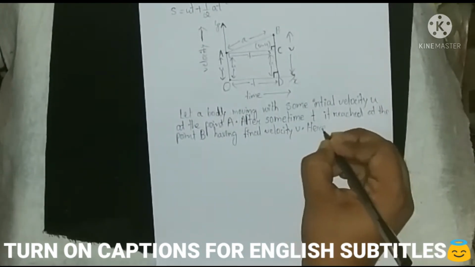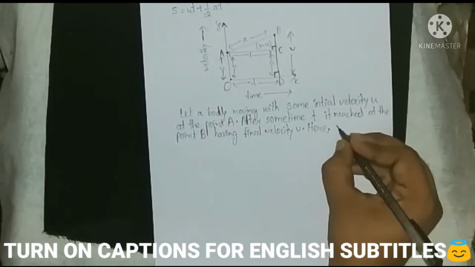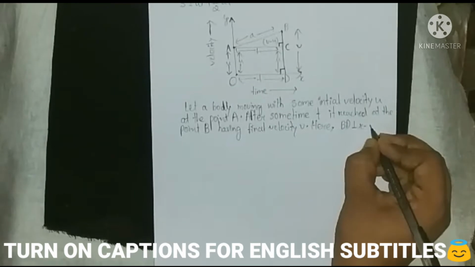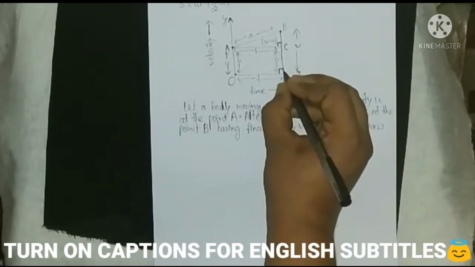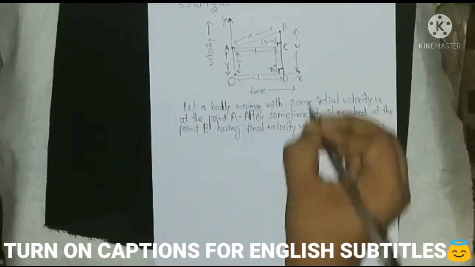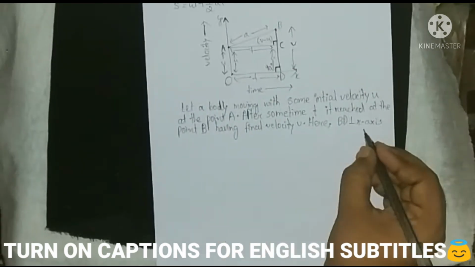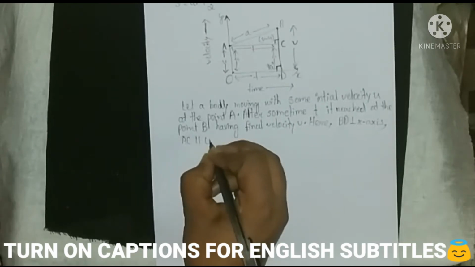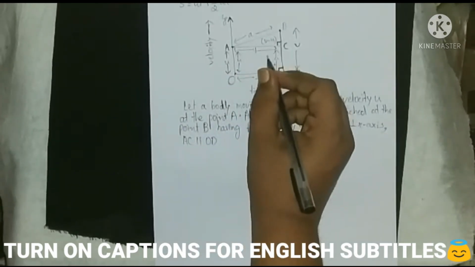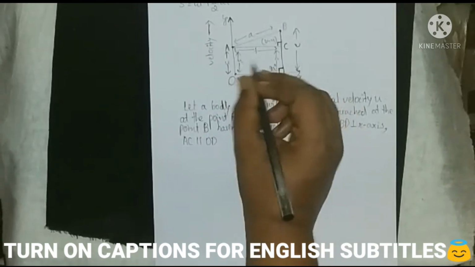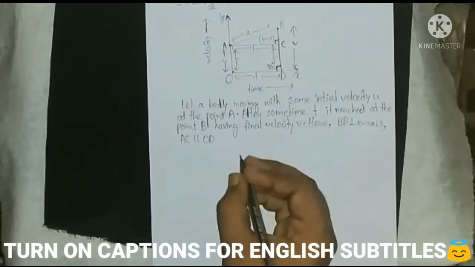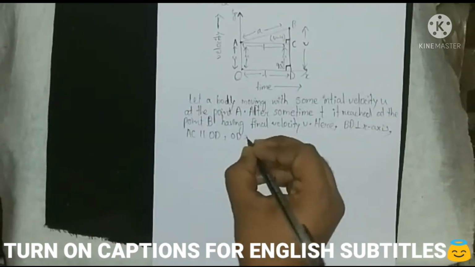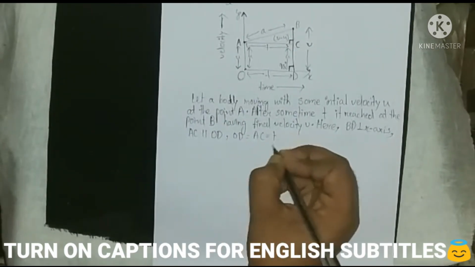Here BD is perpendicular to the x-axis, as I said, it should be 90 degrees. Here it is denoted as 90 degrees. AC is parallel to OD, both are parallel, and that's why OD is time and AC is also time, t.